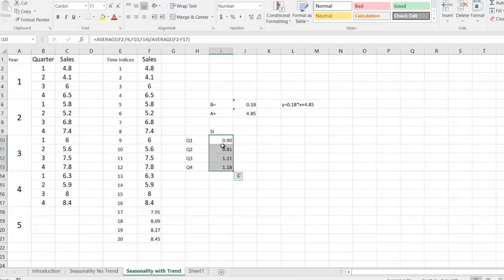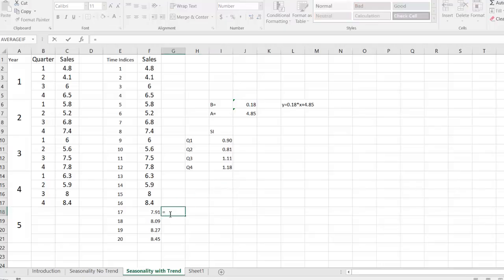So here are the seasonal indices of this time series. And to incorporate these seasonal indices to our forecast of year 5, so this is our forecast using the trend line. What we're going to do is multiply each of the indices to their corresponding quarterly forecast. So for period 17, that's quarter 1, we're going to multiply 7.91 to its corresponding quarter 1 index. And our forecast for first quarter of year 5 is 7.10.